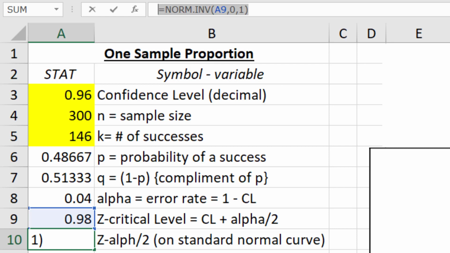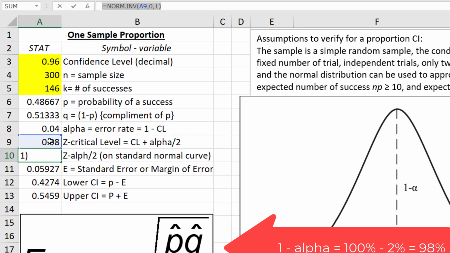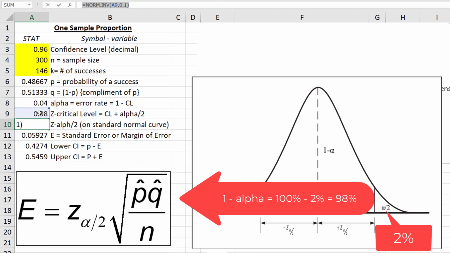So in the case of this, I told it take A9, because that's going to be the area that's to the left of my value, and then I put comma 0, comma 1, because we're doing z's, so we're living on the standard normal z, and the mean of the standard normal is always 0, right? The standard deviation is always 1. So that's how I end up getting my z-score.